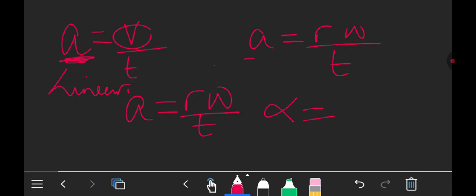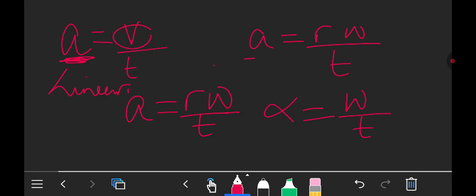Angular acceleration is much like linear acceleration. Linear acceleration is velocity over time; with angular acceleration, we say angular velocity, denoted by the symbol omega, over time.